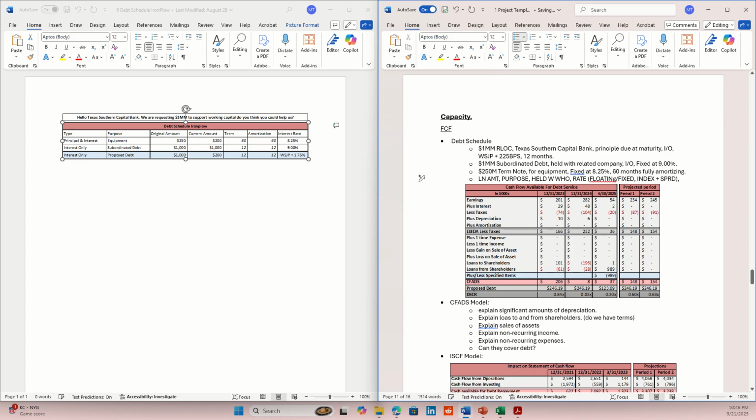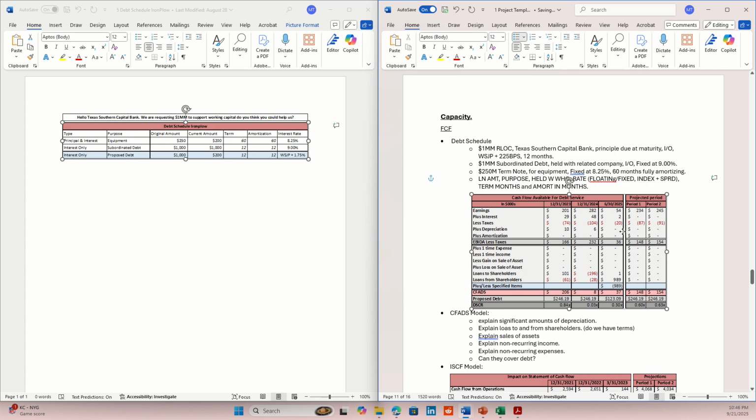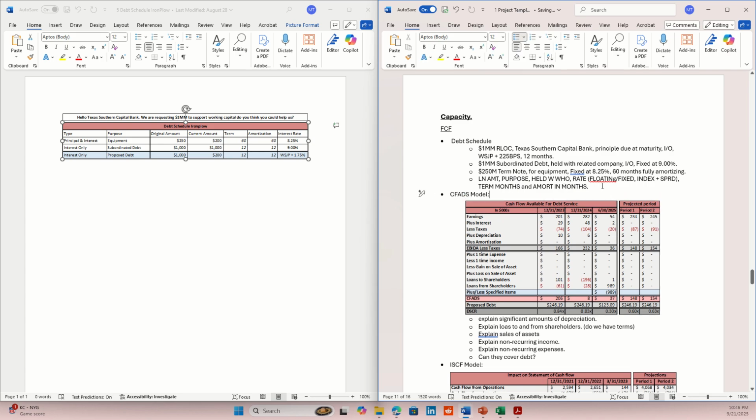Okay. And then I want to know term in months. So you see how I have it in months at 12 months? I want you to put term in months and amort in months. Now, if your amortization and your term line up, I don't want it in months anymore.